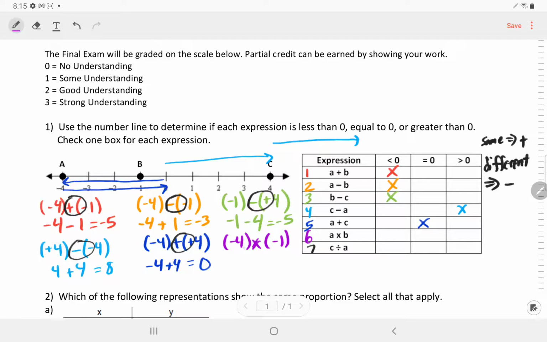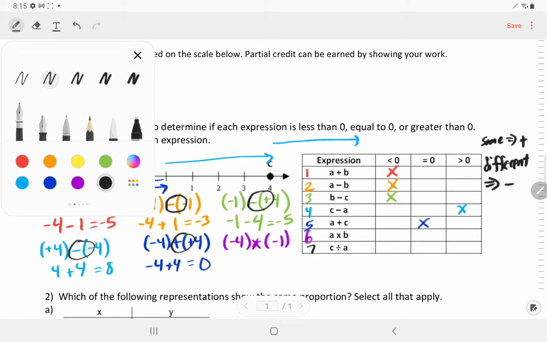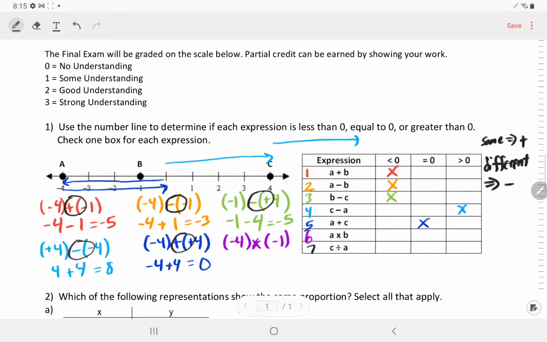So remember, if the signs are the same, our answer is going to be positive, and if the signs are different, our answer is going to be negative. We have a negative and a negative, so our answer will have to be positive. So 4 times 1 is 4, and the answer will be positive because of the two negatives. So our answer is positive 4, which is greater than 0.